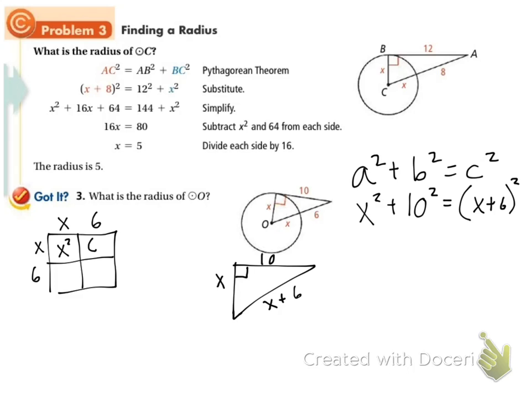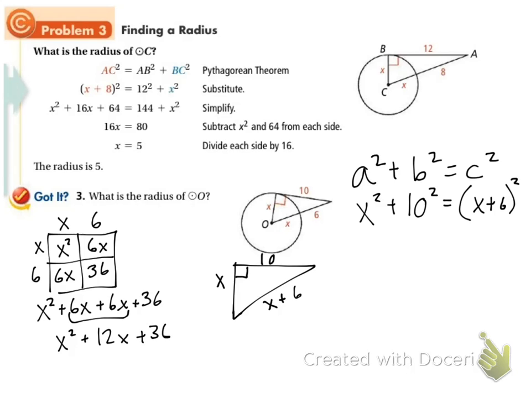X times 6 is 6x. 6 times x is 6x. And 6 times 6 is 36. And then I add that up. X squared plus 6x plus 6x plus 36. And I can combine these two guys. X squared plus 12x plus 36.